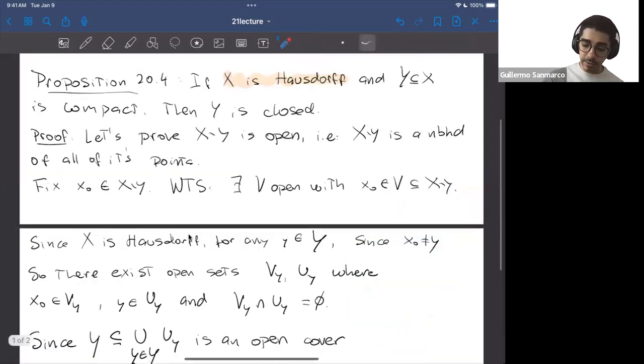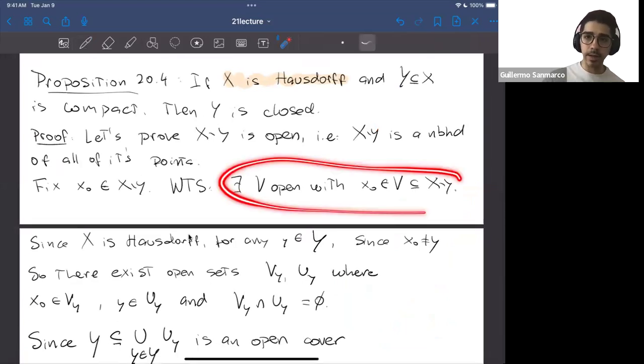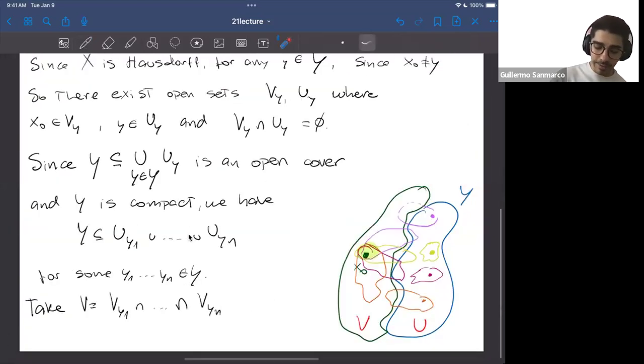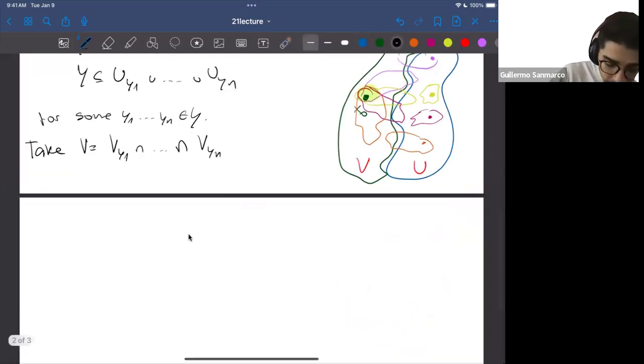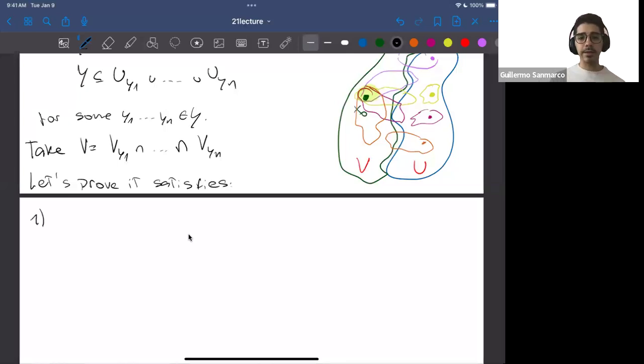So remember, this is what we're trying to find. And now I have a candidate, and we need to prove it satisfies all the properties. Let's prove it satisfies what it needs to satisfy. The first one is that it is open in X. Why is it open?